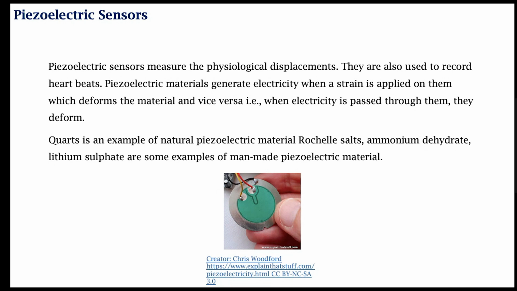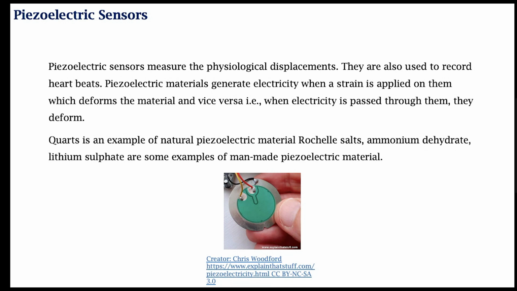So, what are some of the measurements that can be made using piezoelectric sensors? But before that, what is the principle? What is the principle of piezoelectricity?